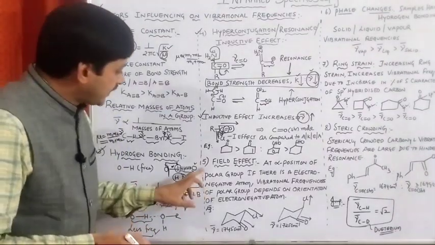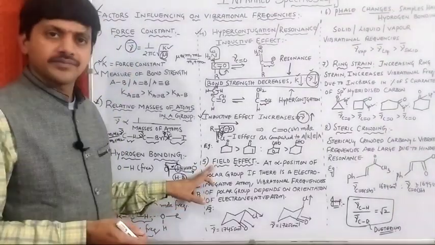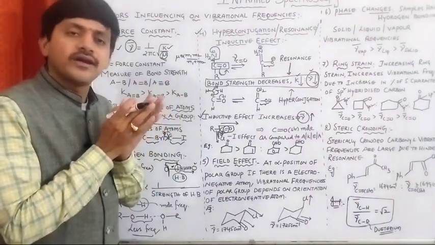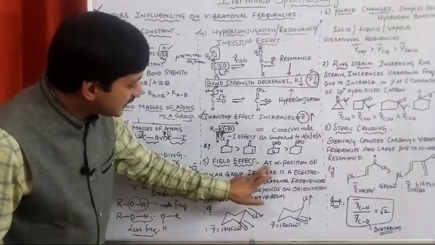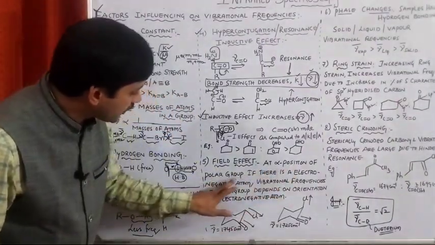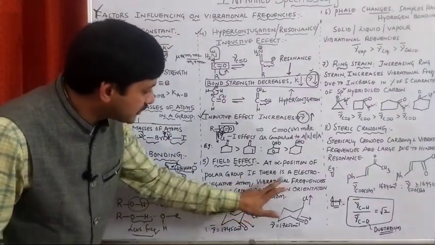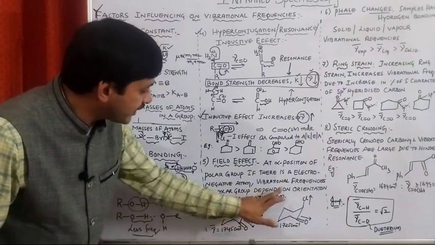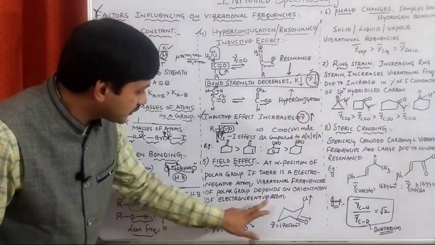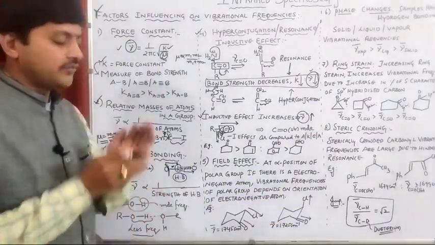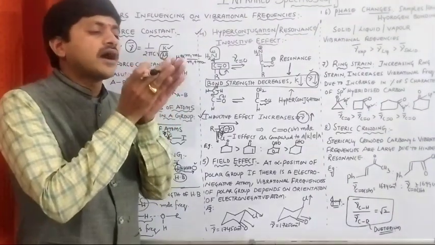Okay, next one, the field effect. This is one of the important points we need to observe. What we are saying is, at the alpha position of a polar group, if there is an electronegative atom, the vibrational frequency of the polar group depends on the orientation of the electronegative atom. We have a particular group at the alpha position.